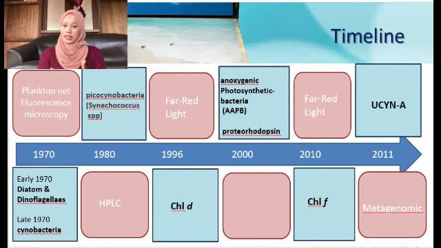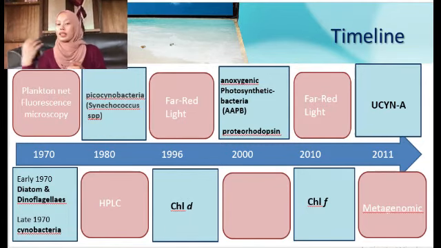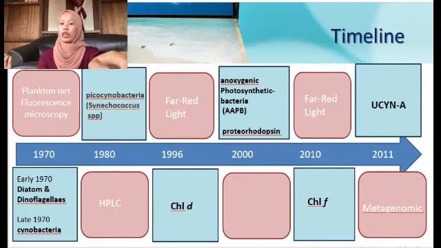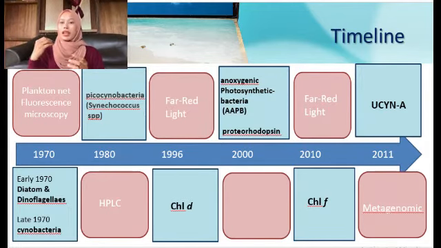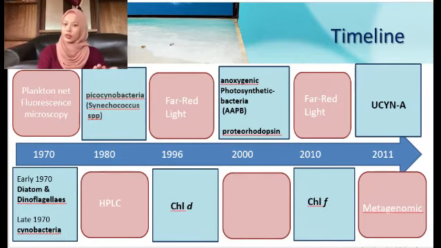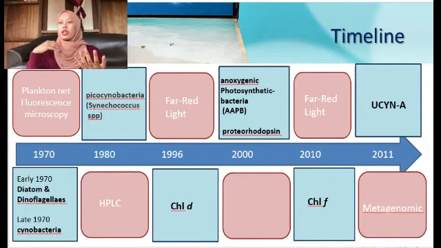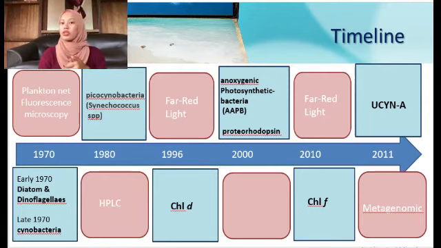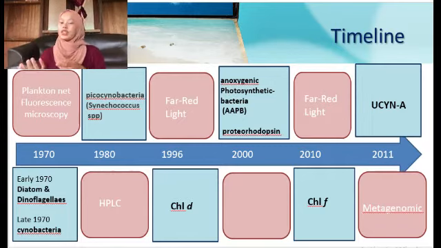In late 1980, they found picocyanobacteria, by using HPLC. In 1996, they found chlorophyll D. In 2000, they found AAPB and rhodopsin. In 2010, they found chlorophyll F, and in 2011, they found UCYN-A.